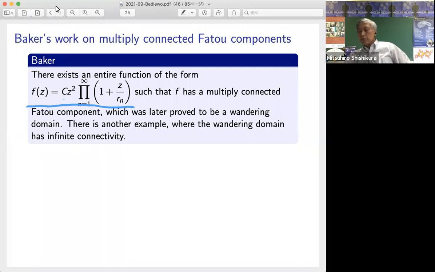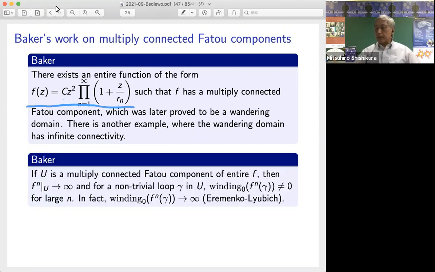And later he proved that as soon as you have a multiply connected Fatou component, it is in fact a wandering domain. And there's also another example where the wandering domain has infinite connectivity, in the sense that taking each Fatou component and counting the number of complementary components, that is infinite for this other example.